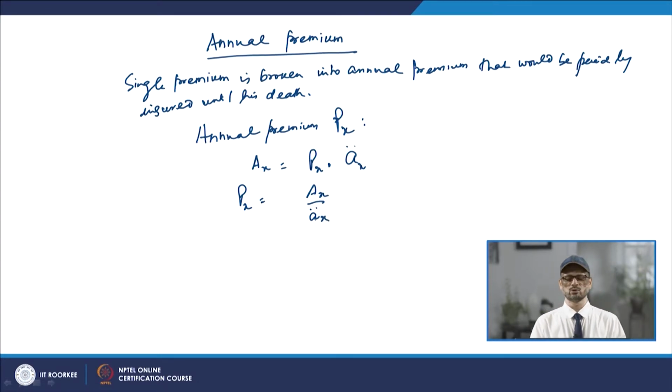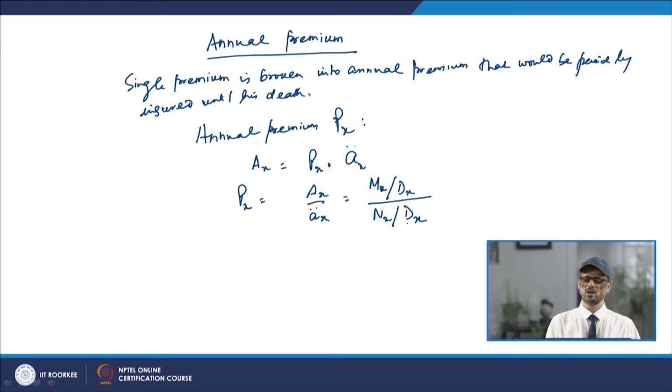As we know, Ax we have calculated as Mx upon Dx, and we have calculated this A double dot x earlier, the annuity due, which is Nx upon Dx. So what we get is Px as Mx upon Nx.